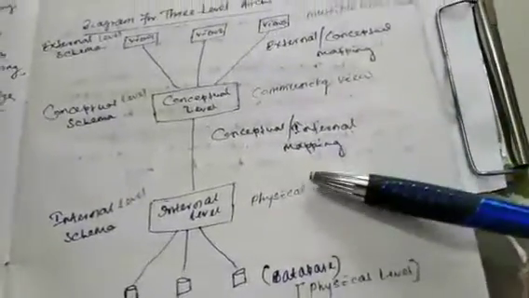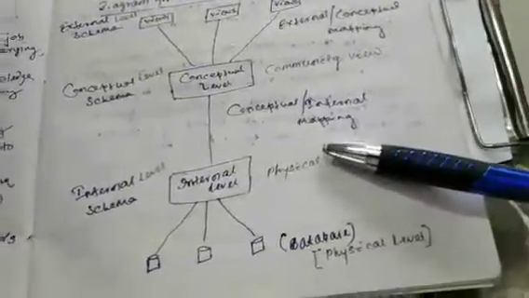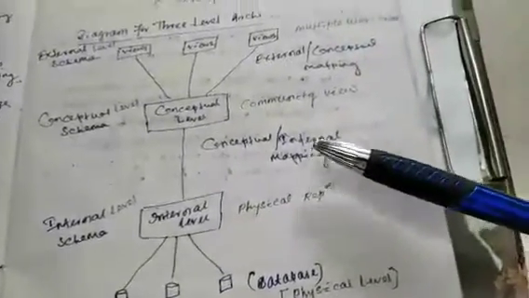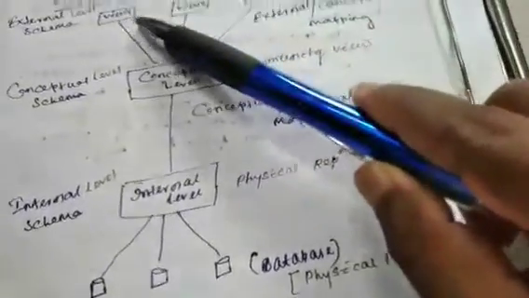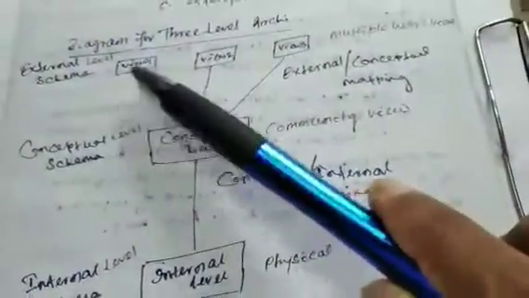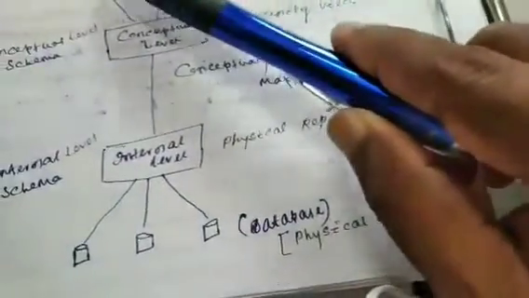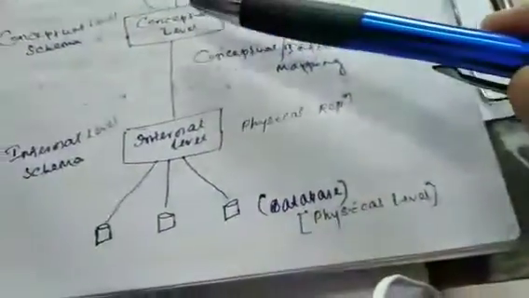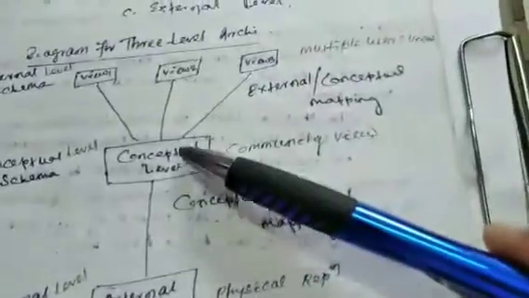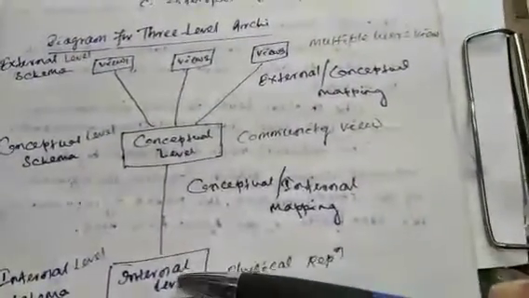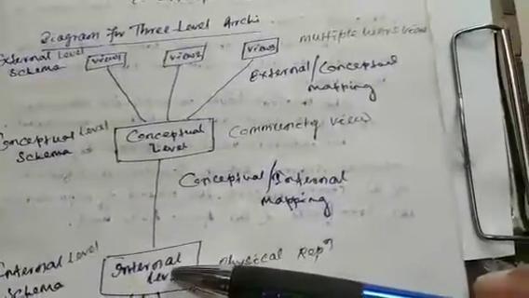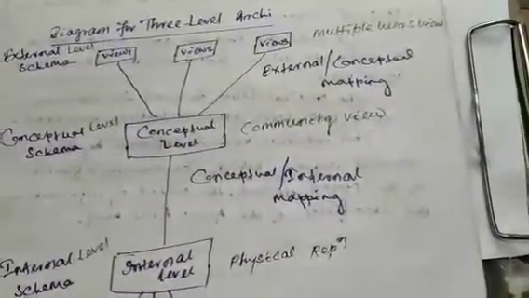This is the three-level architecture where the user first gives a request to the external level, and the external level sends the same request to the conceptual level, and the conceptual level sends the same request to the internal level, and from the internal level it accesses the required data.